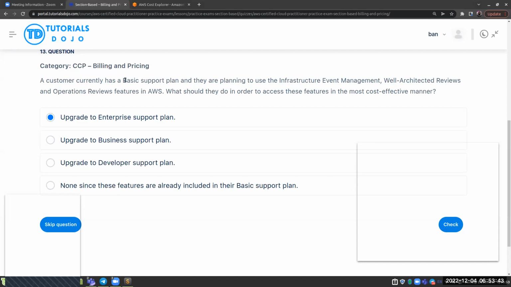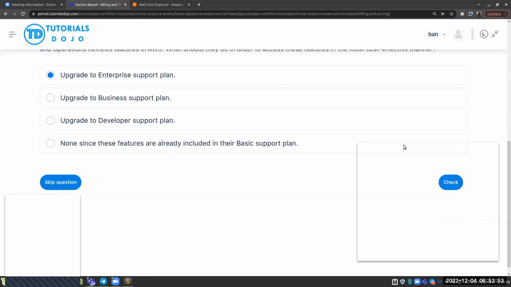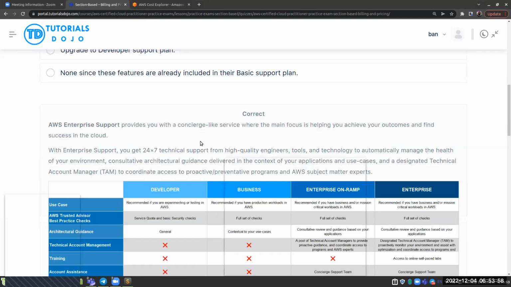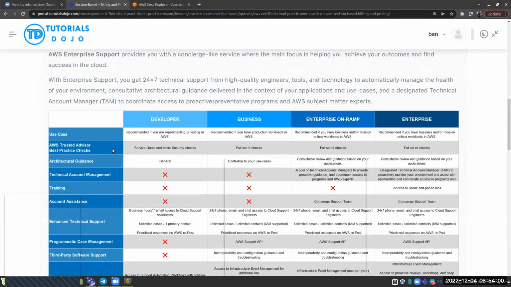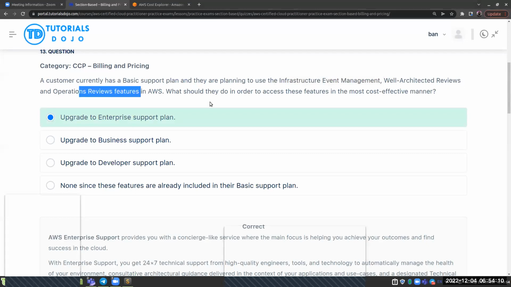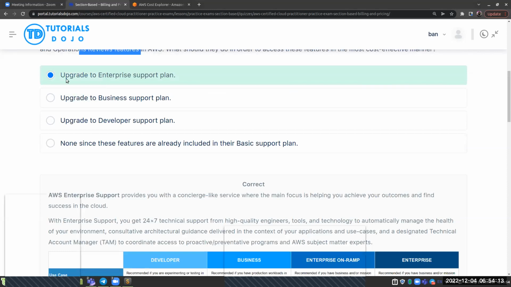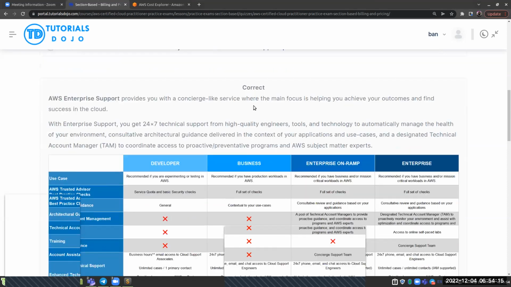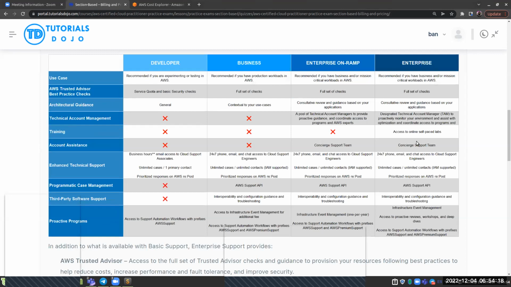So what's happening is the customer has the basic support plan and now is trying to use the features of infrastructure event management, well-architected reviews and operational reviews. The important thing is to have this diagram in mind and know exactly which support plans support infrastructure event management, well-architected reviews and operational reviews. That's the key thing. You said upgrade to enterprise support plan, which is true.